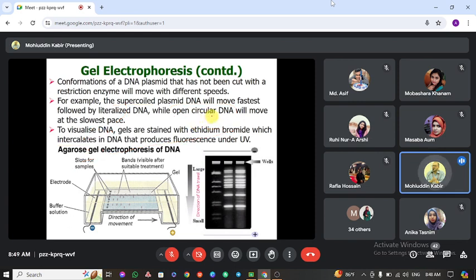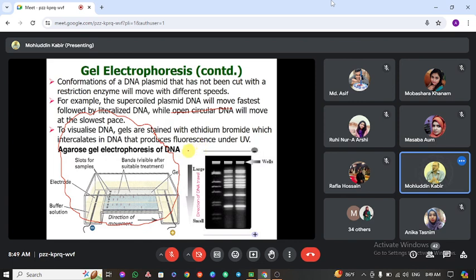The open circular DNA will move at the slowest rate. What is open circular? A circular DNA, but there is no internal fold. So this is called open circular DNA.